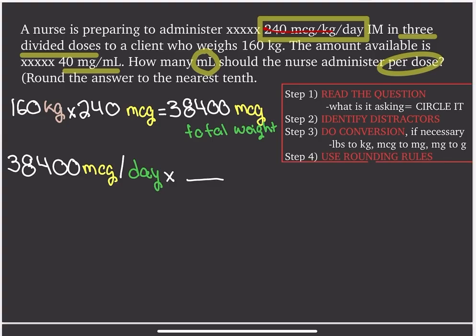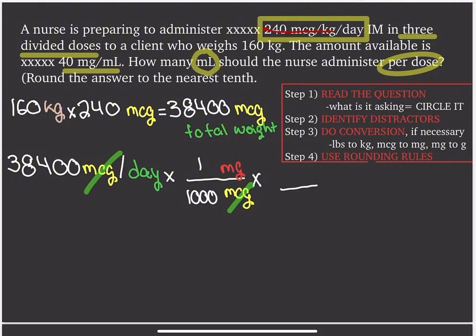And that's going to be times the factor of 1 milligram for every 1,000 micrograms. Since we need those units to cancel out, we can't go straight to milligrams. We need to convert the micrograms to milligrams first to use the next conversion. So your micrograms now cancel each other out, and what we're left with is milligrams.